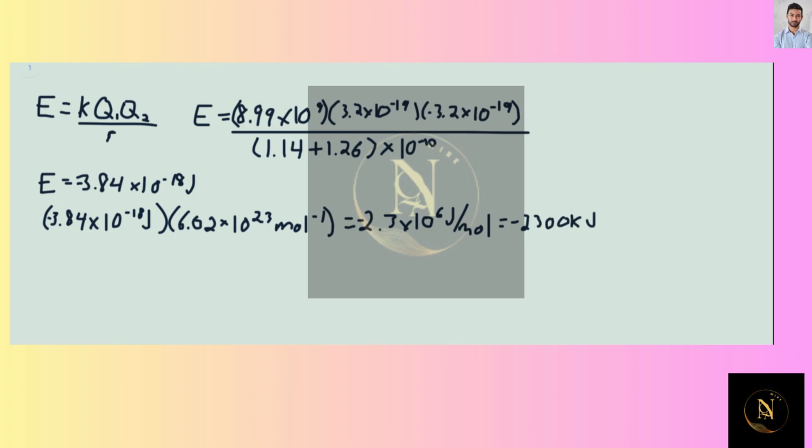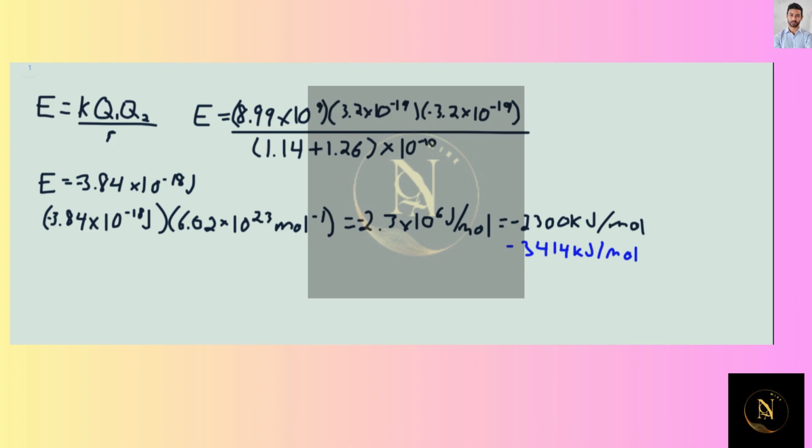Let's compare this to the lattice energy for calcium oxide, which is minus 3414 kilojoules per mole. You can see that the lattice energy for calcium oxide is significantly more negative than what we've calculated here. So it's a more favorable interaction.